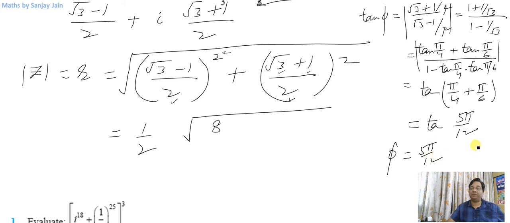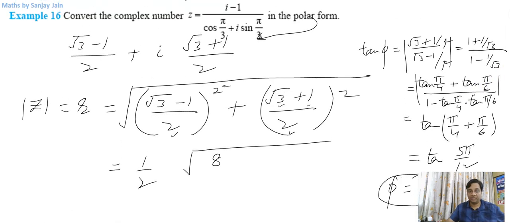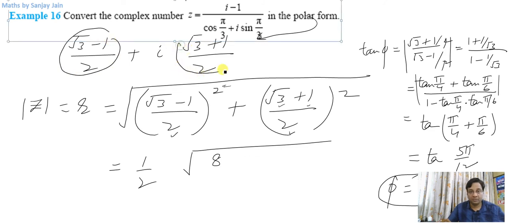Now 5 pi by 12 is lesser than 6 pi by 12, which is pi by 2. So this angle is in the first quadrant. If you see, this is positive, this is positive, so we need the angle to be in the first quadrant only, because my complex number is in the first quadrant.